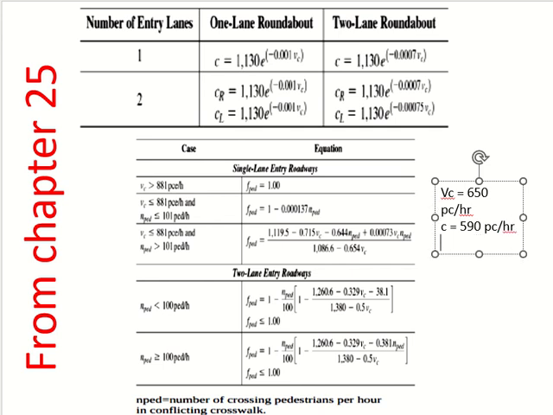Okay, since there is pedestrian movement, that means I need the pedestrian adjustment factor. So first of all, I look for the case. My road has how many lanes? One lane. Okay, so I will look for one of these three cases. My VC, is it more than 881? No. Okay, it is less. Then I look for number of pedestrians. My number of pedestrians is 100. So that means I satisfy both these conditions. So I will calculate the factor using this. So how much is the factor here?